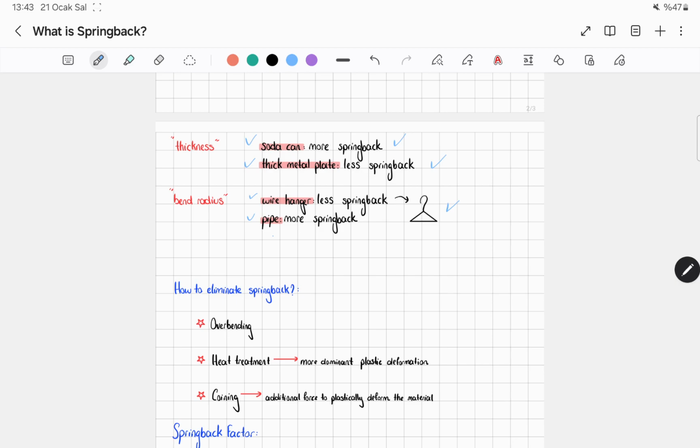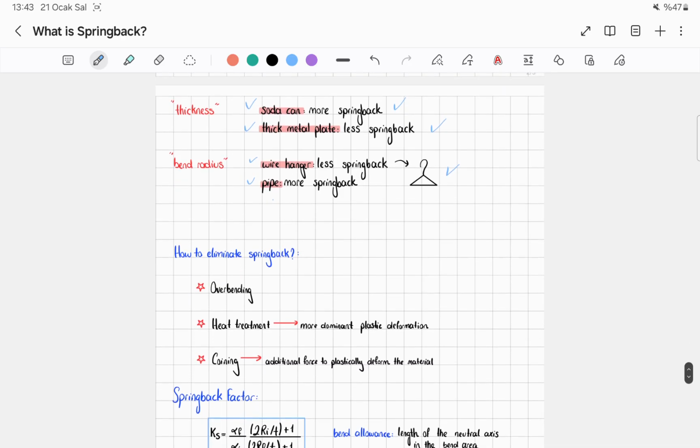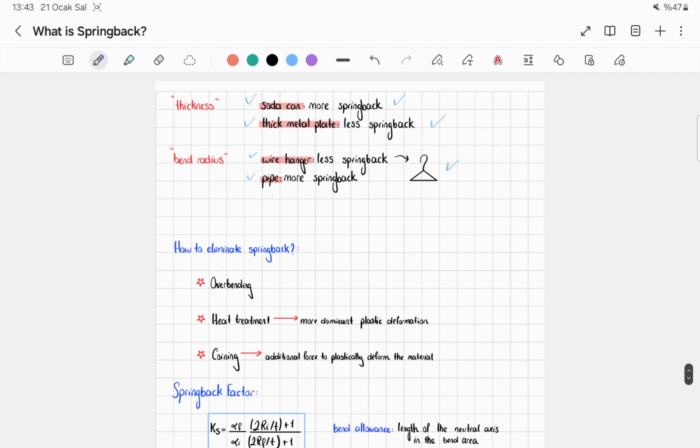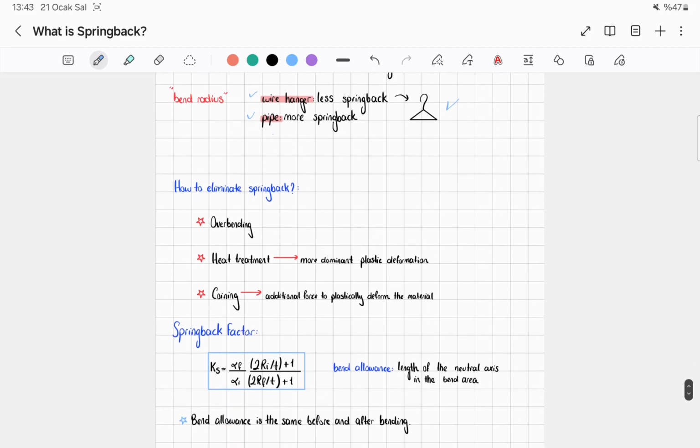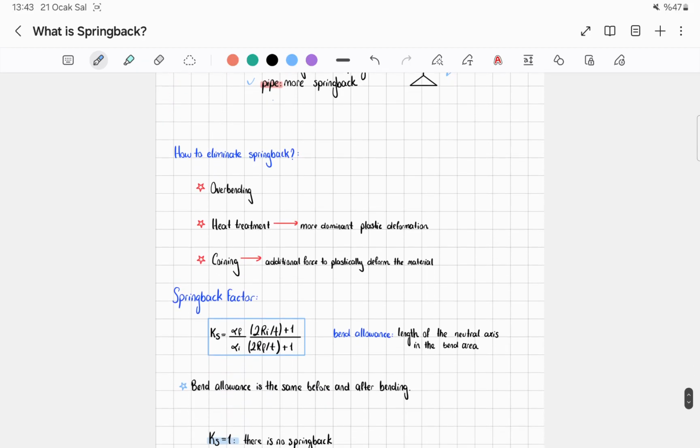Curved beams with larger bend radius require more compensation for springback to ensure precise curvature, so we would not have any problems in architecture, in structural materials, let's say.